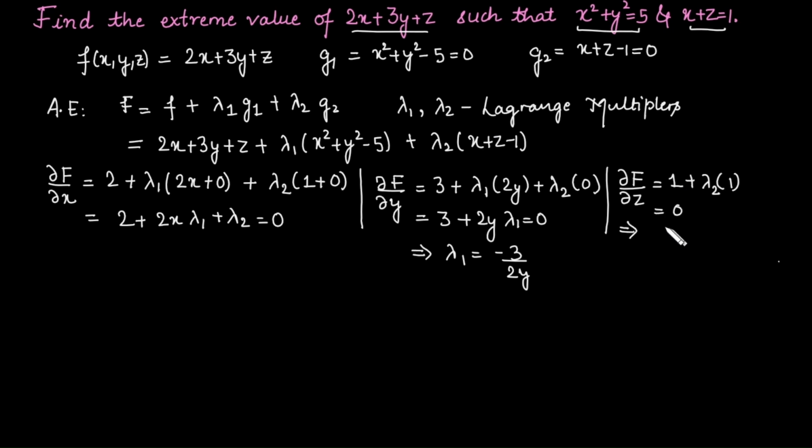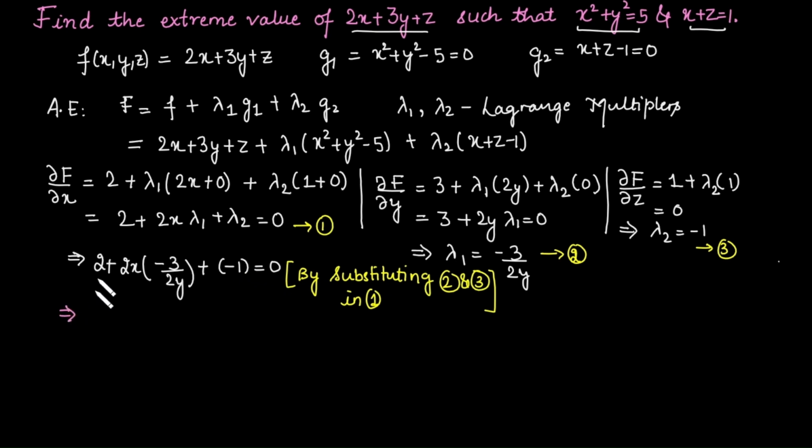We have lambda 2 is equal to minus 1. From here we have the lambda 1 value and lambda 2 is equal to minus 1. Plug in these two values over here. We have 2 plus 2x lambda 1, that is minus 3 by 2y, plus lambda 2 value, minus 1.